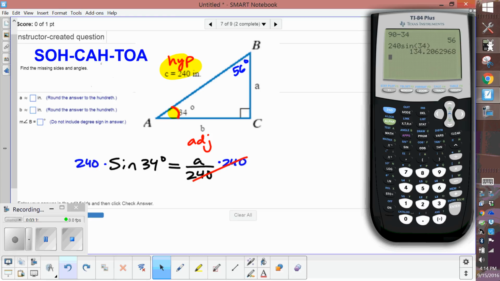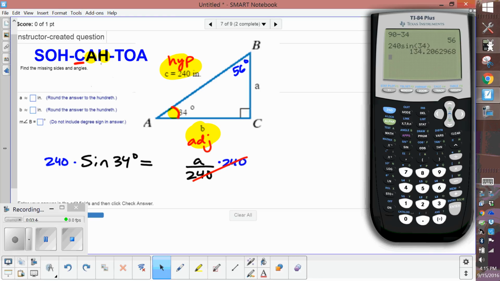Let's find little b. Little b is adjacent. Okay, adjacent over hypotenuse. And if I look at my acronym, adjacent over hypotenuse is the CAH part of SOHCAHTOA. And that stands for cosine. So this problem will be set up very similar. Let's move this over.